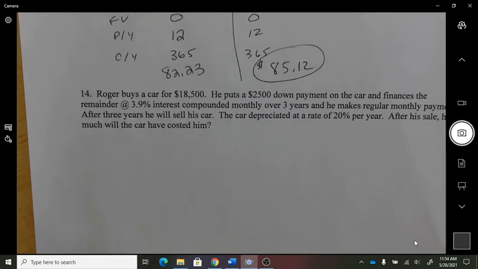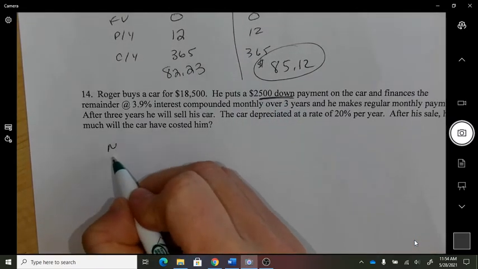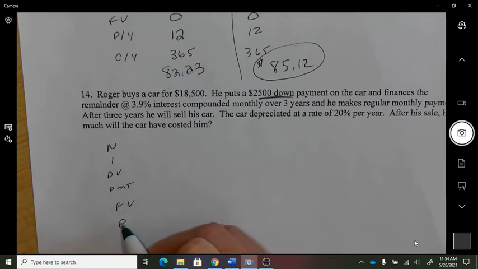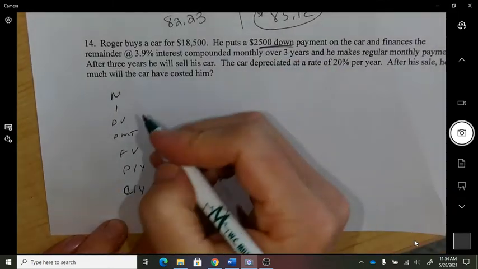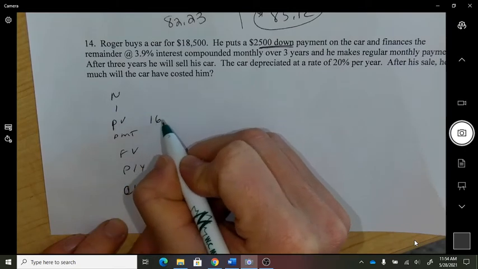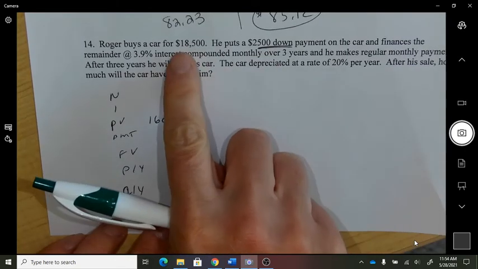Okay, Roger buys a car, 18,500, puts a down payment on it. Okay, so I already know making a car purchase, I'm going to be making payments on it. So my previous value is going to be 16,000 because I put that money down.